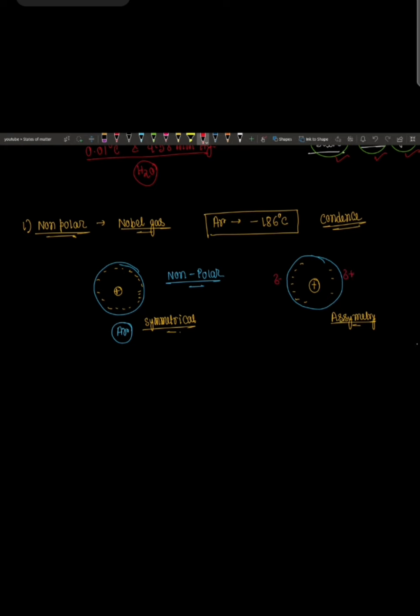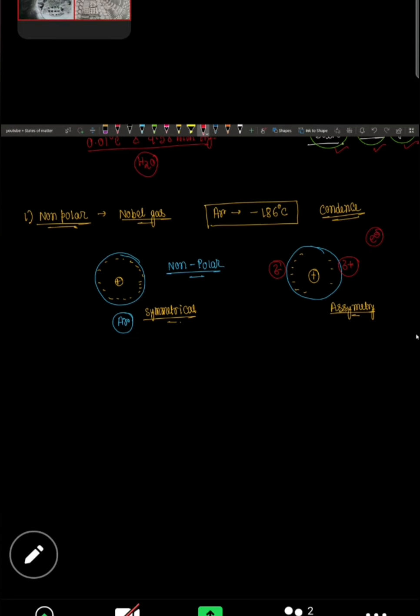Try to understand what I'm trying to say. What do we mean by these deltas? Deltas are Greek letters which tell you about the difference. This delta negative is not an exact negative; it is nothing but a partial charge, a partial distribution, right?